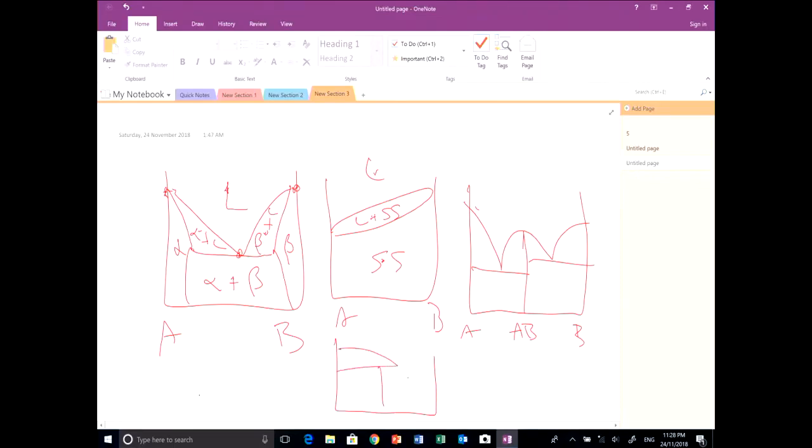But if I have a diagram that looks like this, then when AB is heated up to what temperature? The peritectic temperature. What happens to it? Does it melt congruently? What does it do?